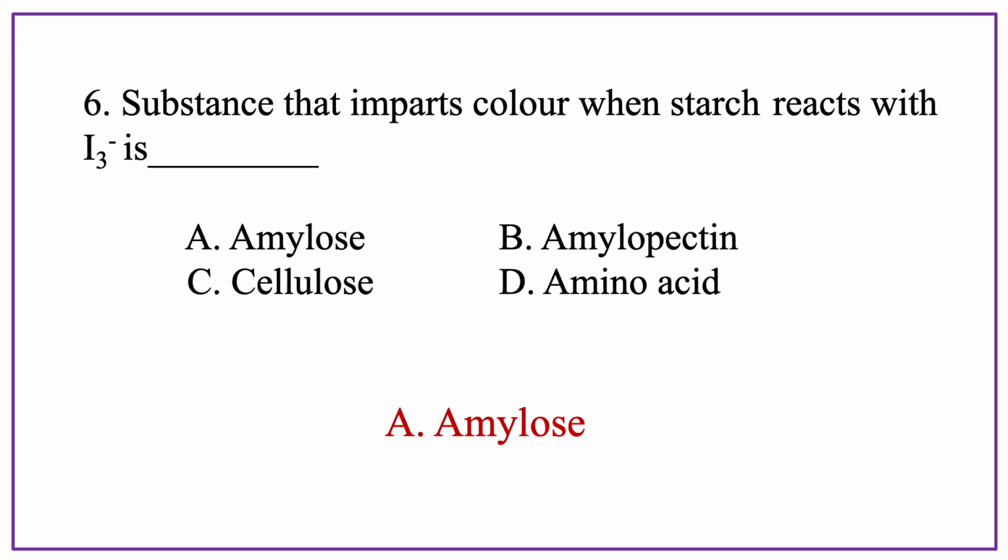Amylose is a helical structure, and into that helical structure the complex is formed when the triiodide reacts with the amylose present in the starch, and hence it changes the color, especially the beta amylose gives the color. We know that potato contains starch, so it gives blue color.